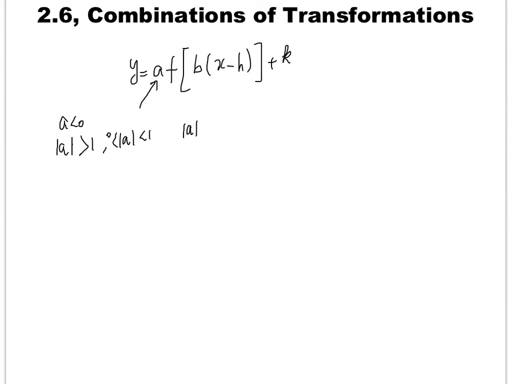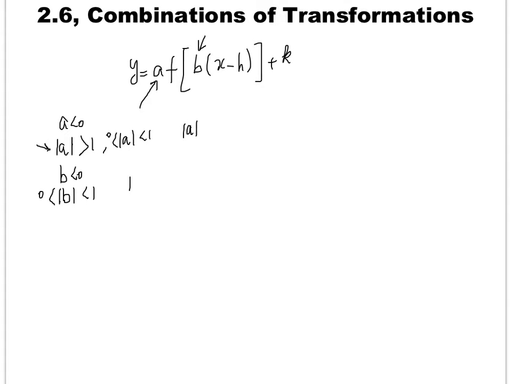For b, if b is less than 0, we are going to reflect the graph of the base function about the y-axis now. If absolute value of b, again, meaning the number here without the sign, is between 1 and 0, instead of compression that we did for the y-axis, we are going to stretch about the x-axis.